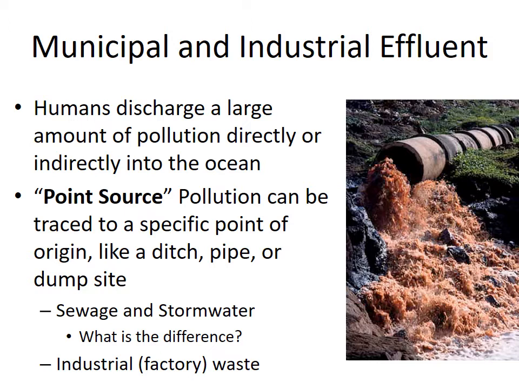When the pollution is coming out of a pipe or a dump site or a ditch, somewhere where you can point to the particular source of pollution, it's called point source pollution. Sewage is a really common type of point source pollution, and industrial wastewater would be another type.